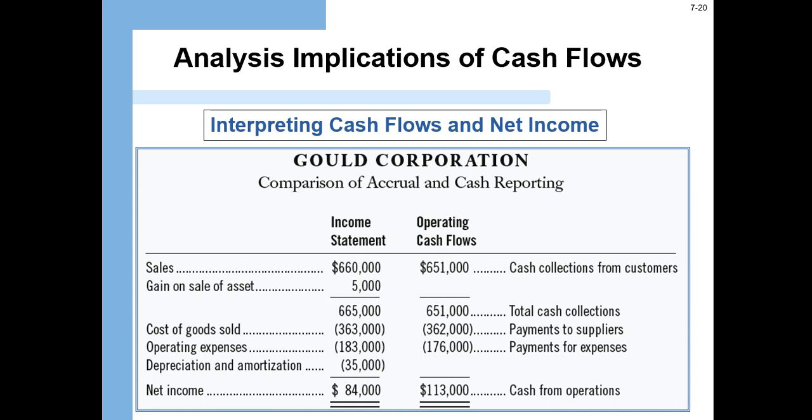Cost of goods sold; over here, payments to suppliers. Operating expenses; payments for expenses. Depreciation and amortization not mentioned here. Net income is 84. Cash from operations is 113,000.